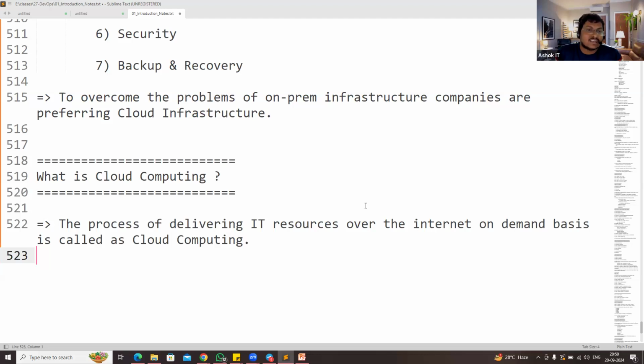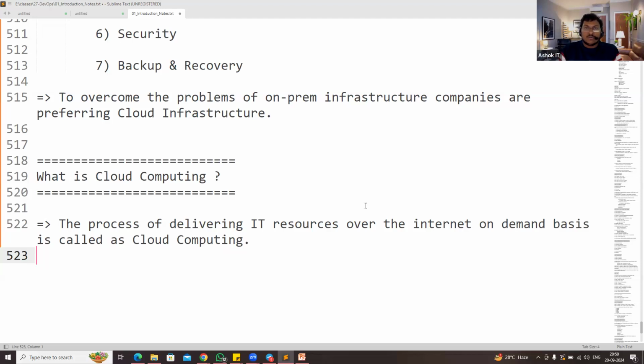In simple terminology, taking the IT resources for rent is called cloud computing.